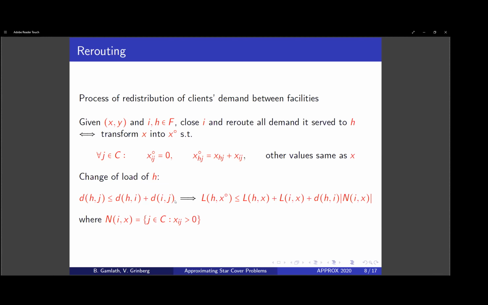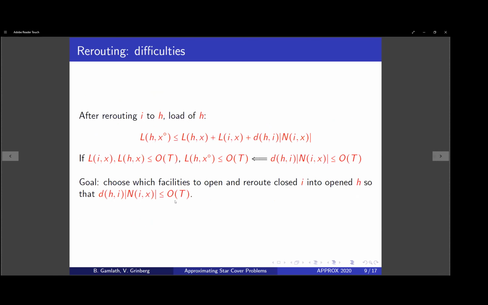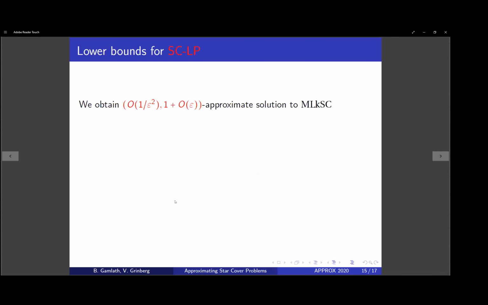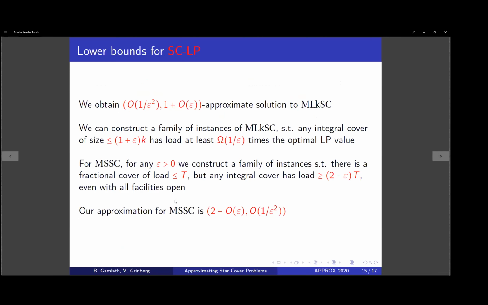We have, sorry, Jarek, you have a question? I have a question. Do you have lower bounds on approximability? You just mentioned NP-hardness. Yes. We have lower bounds on approximability using this approach.